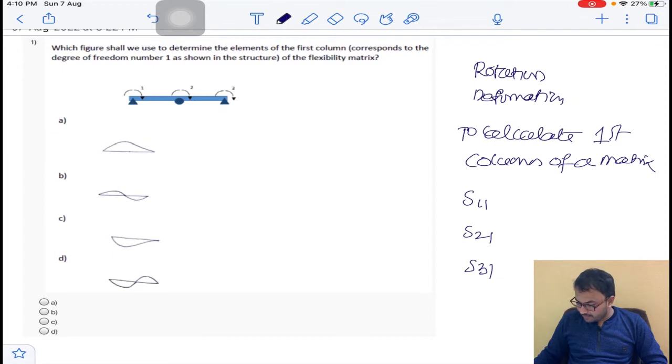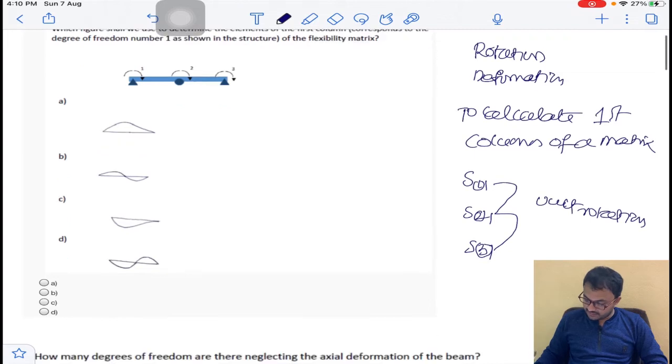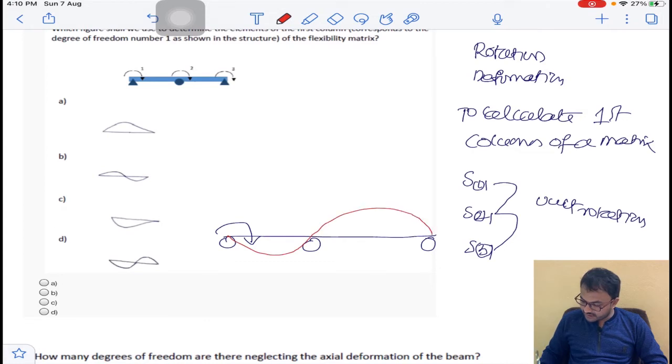As the coordinate is assigned as a rotation, we need to apply unit rotation and calculate forces or reactions at coordinates 1, 2, 3. He asked for the diagram. It is a continuous beam, so whenever we rotate like this, the beam will deform, going down or going up. So option D is the correct answer. Clear?